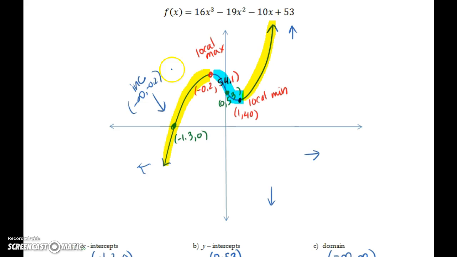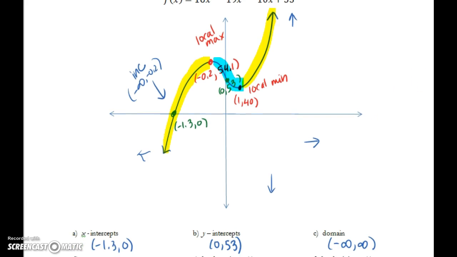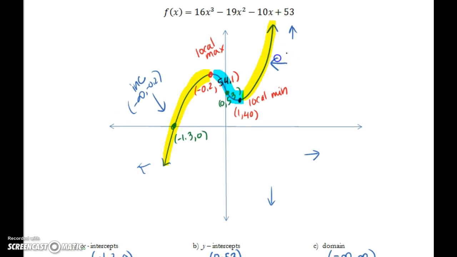Again, we're looking at x values here, throughout which the graph is increasing. So -infinity to -0.2. And our graph is also increasing here, starting at the x value of 1, which is where your local minimum is, and going to the x value of infinity.